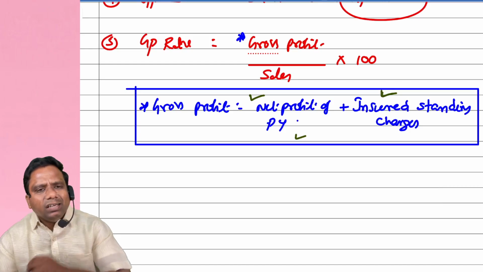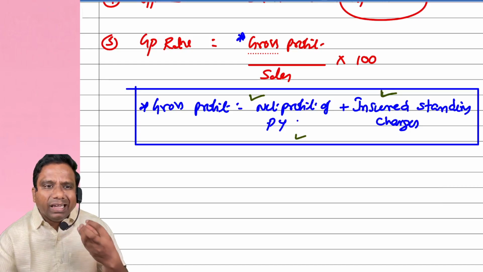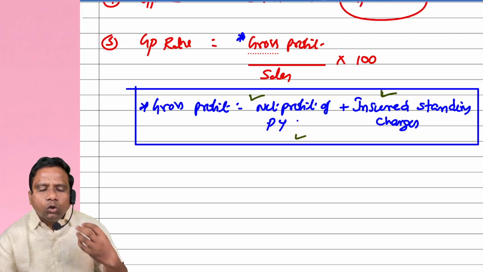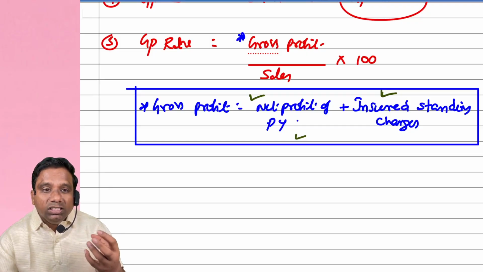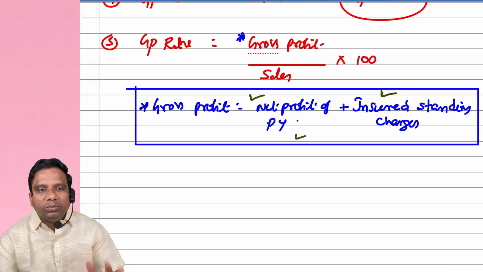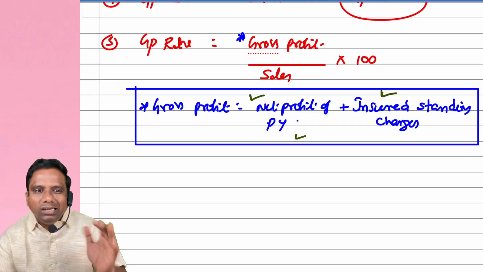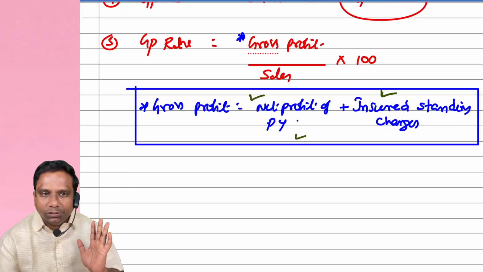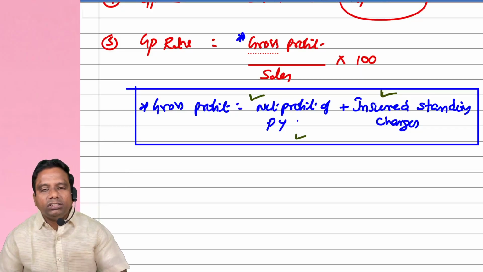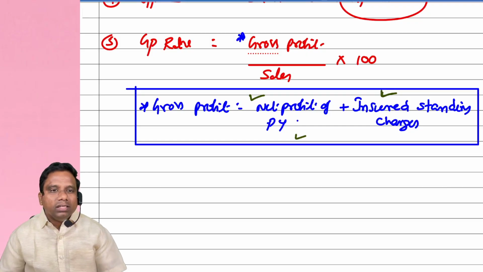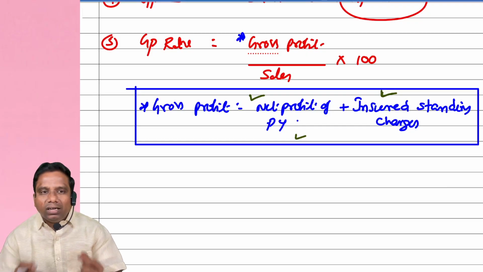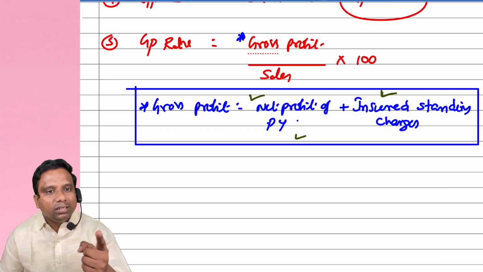Standing charges are those charges or expenses which are to be met even though you are not operating your business. If you are permanently closed, that is a different situation. But here we are stopping our business for a temporary period, yet we need to incur some expenses.